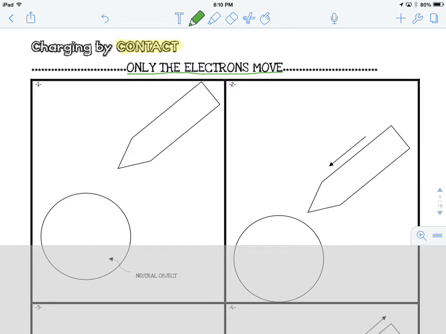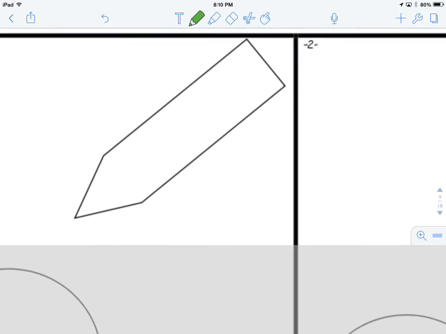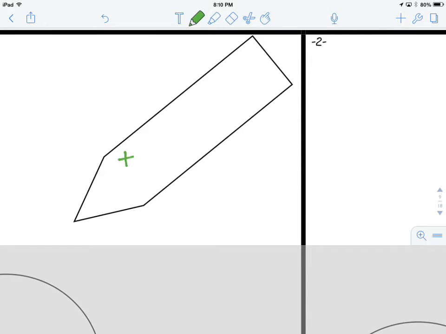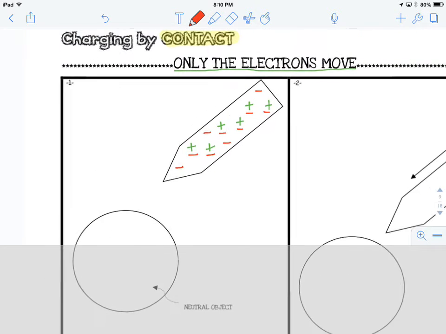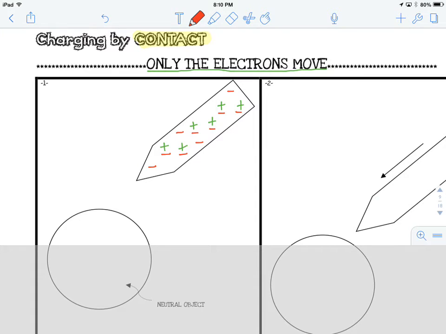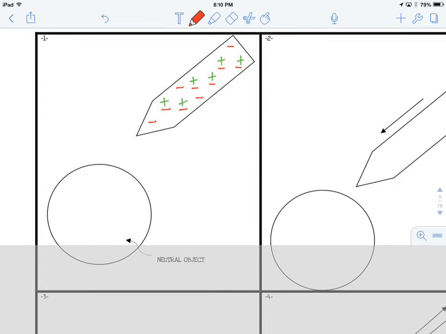And we're going to begin with a diagram of some kind of insulated rod. Perhaps it's ebonite. And this ebonite rod is not neutral, but is charged negative. Okay? So you can see each of these, and there's an extra set of electrons on here.